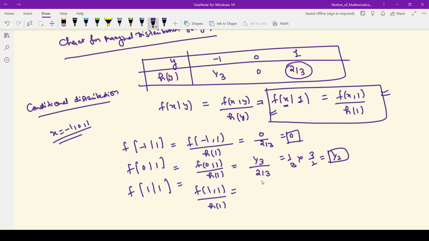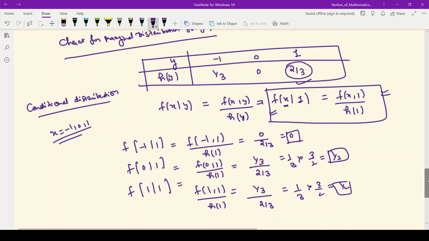And f(1,1) from the table is 1 by 3, and h of 1 is 2 by 3, so that is 1 by 3 into 3 by 2, that is 1 by 2. So three values we have got here.